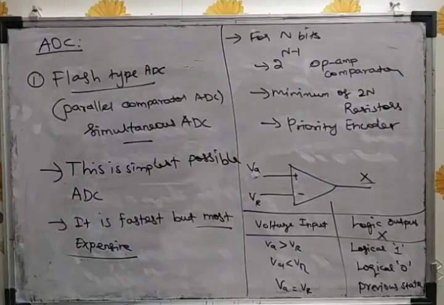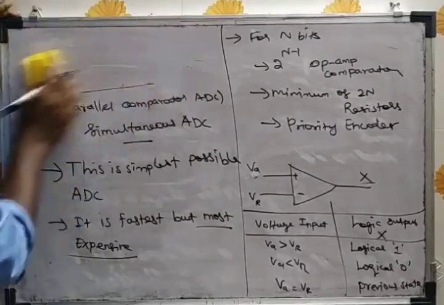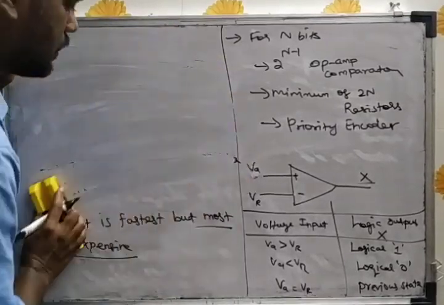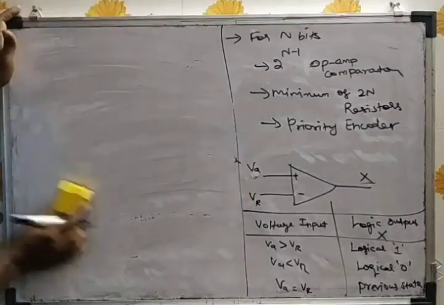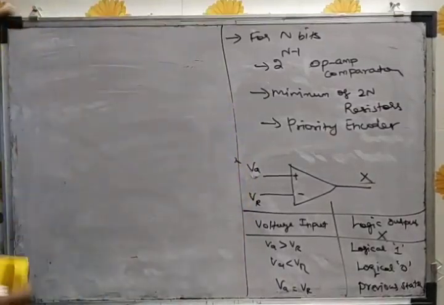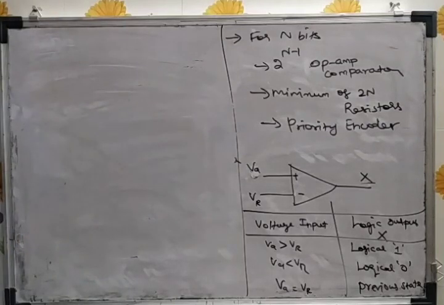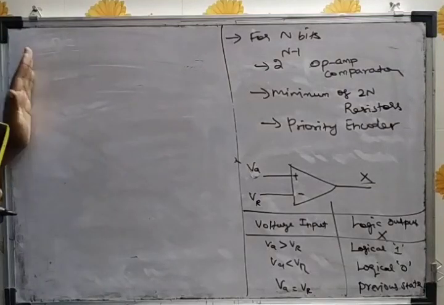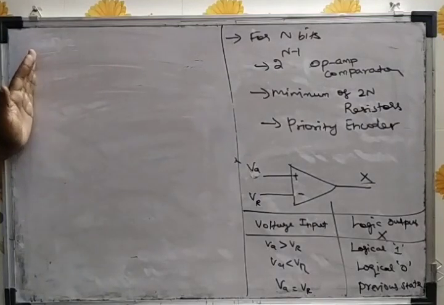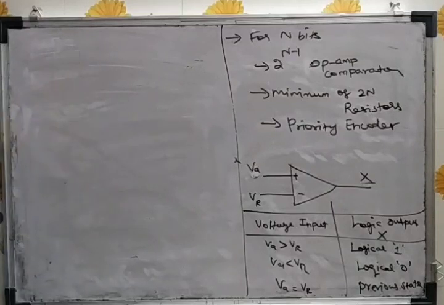Let me see the circuit diagram of the 3-bit flash type ADC. Here in the analog to digital converter, we give analog input voltage and get the equivalent digital output.